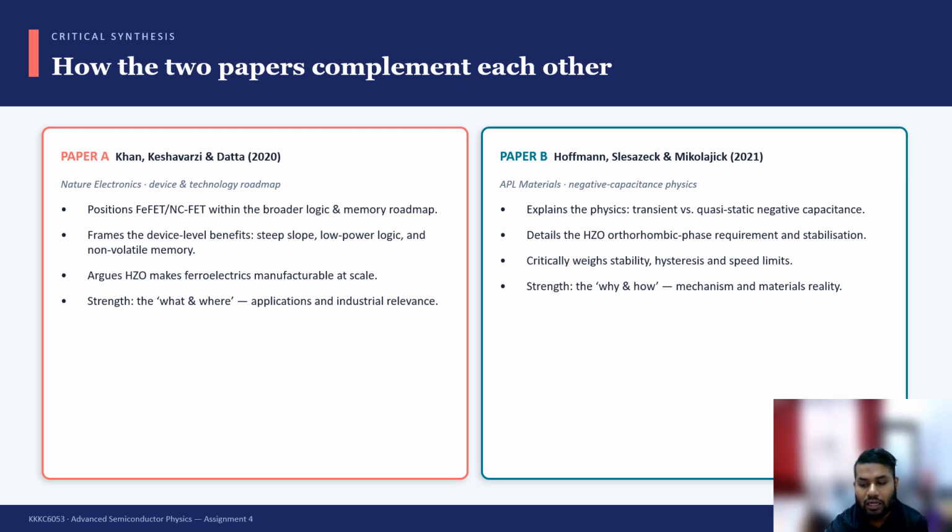Its strength is the why and how. Reading them together gives a complete, balanced picture. Paper A tells me why the industry cares, and paper B tells me whether the physics will actually deliver. So let's go to the next slide.